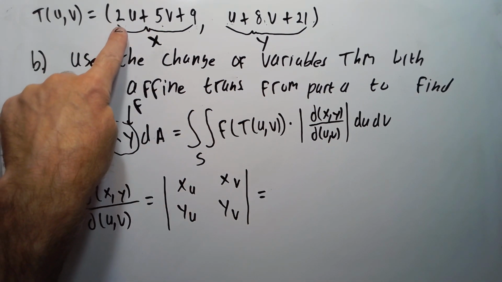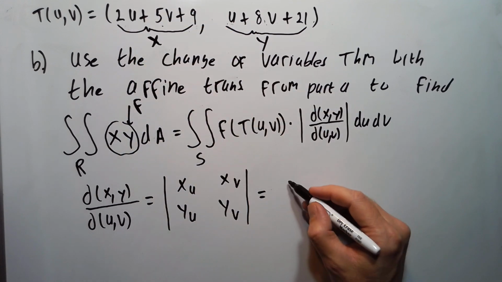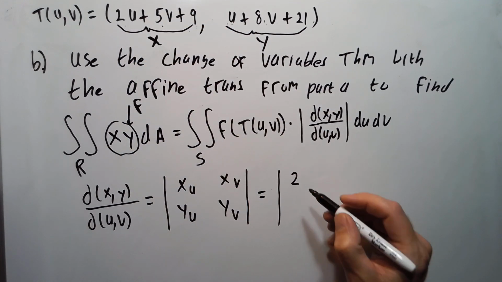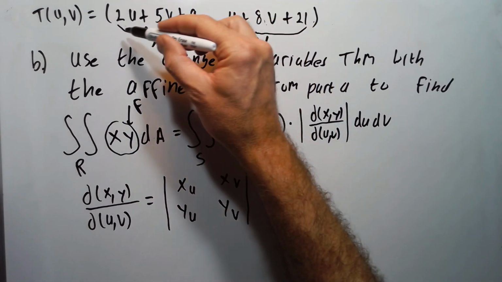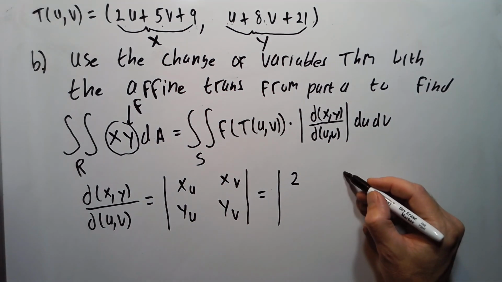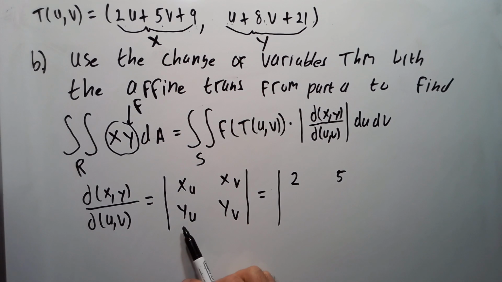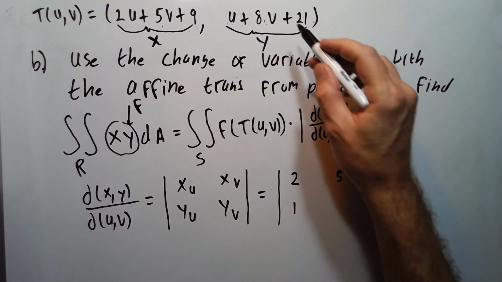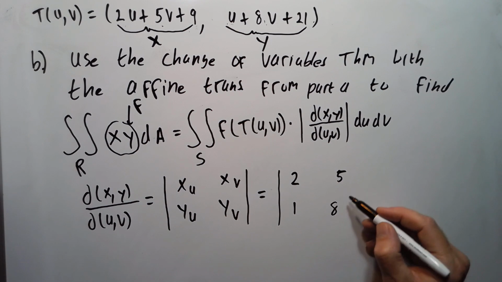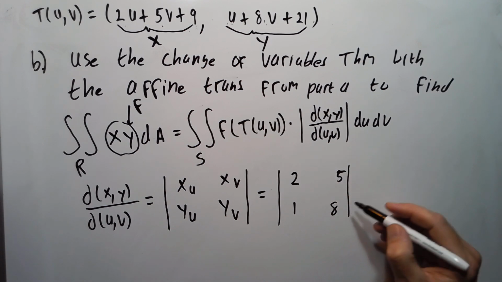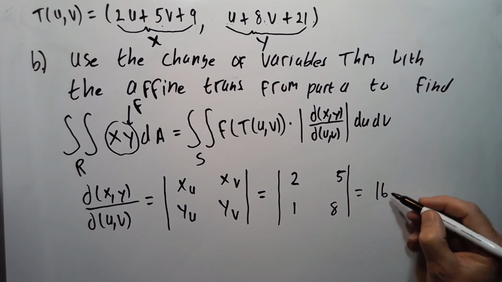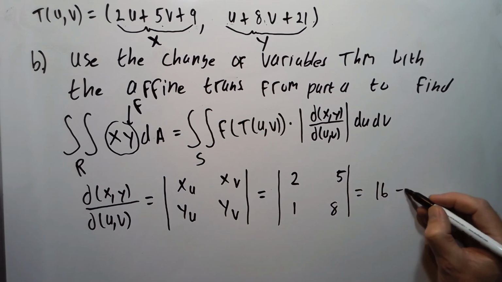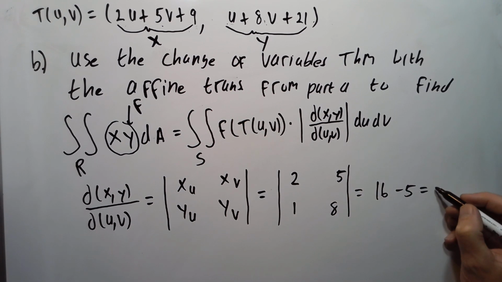The derivative will just be 2, because it's 2u. The derivative of x with respect to v would be 5. Moving on to the y, the derivative of y with respect to u would just be 1. The derivative of y with respect to v would be 8. We go this times this, 16, and this times that, minus. So it's 11.